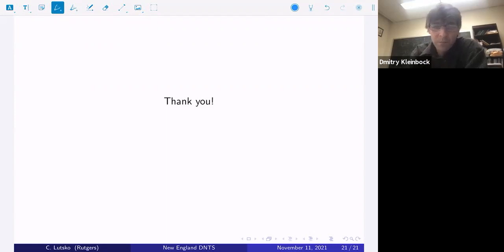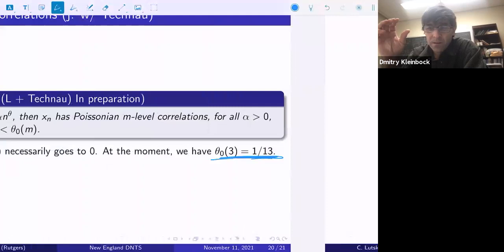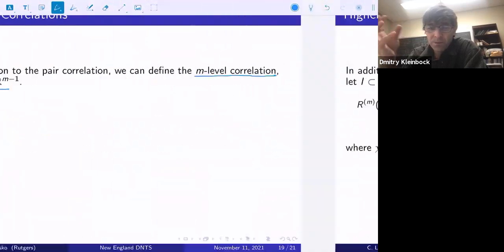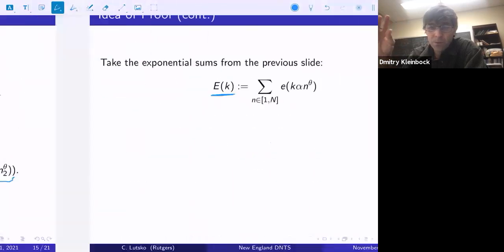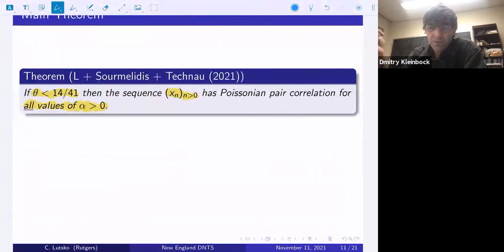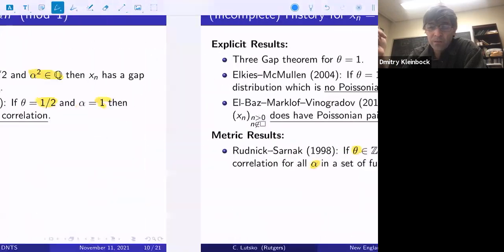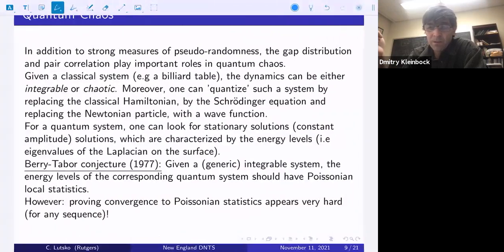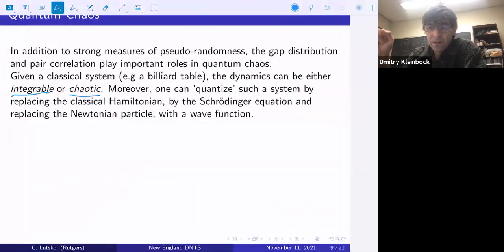I just wanted to ask something I'm curious about, which steers it in a different direction. When I look at this setup of the problem, in my mind it morphs into basically saying that you have approximation of alpha by rational numbers, but the denominators are crazy, right?